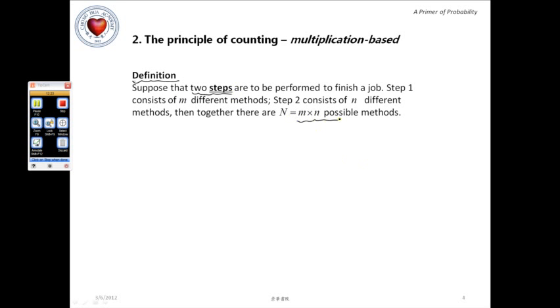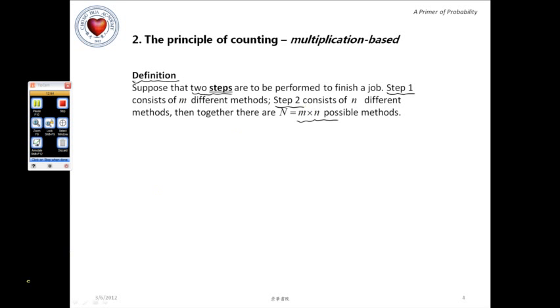Second, identify the steps to be performed. And we have step 1, step 2. Third, double check if all steps are necessary and sufficient to finish the desired job. If yes, then perform the multiplication calculation.